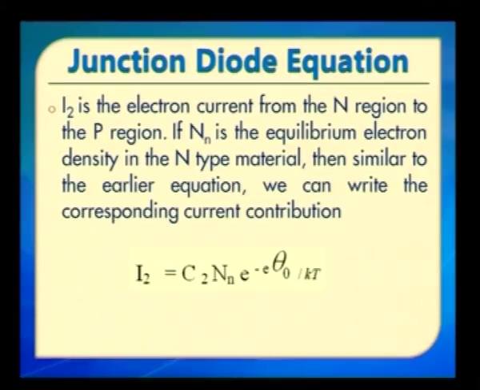On the n side, the majority carriers will be electrons, as all of you know. The minority carriers are holes. So, the majority carrier electrons flowing from the n side to the p side are given by the current I2. The current component I2 will be equal to a constant of proportionality C2 multiplied by Nn e to the power of minus E theta naught by kT.